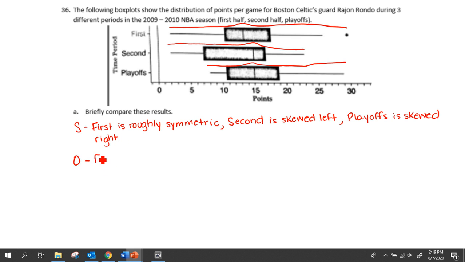Outliers. First has outliers. Center. Playoffs and second have roughly the same center. First is lower.